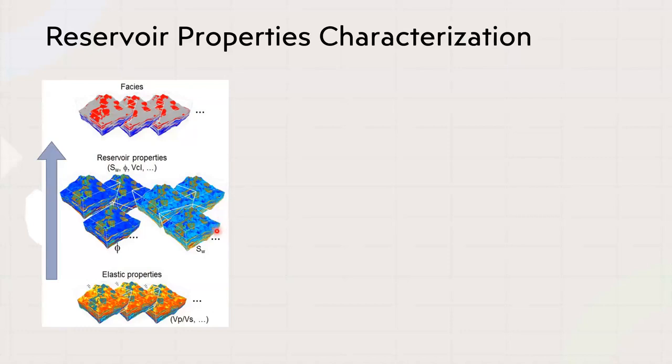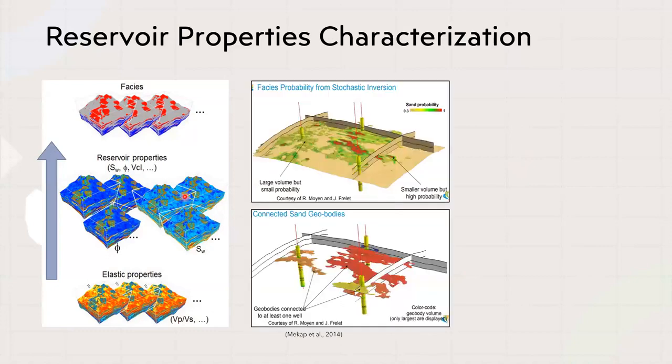Normally seismic inversion is a beautiful thing which brings more information about the subsurface, including VP, VS, and a facies map or some other stuff. Then finally, once you apply these things, you can come up with the facies probability using stochastic inversion, and you can also have the geobody interpretation.